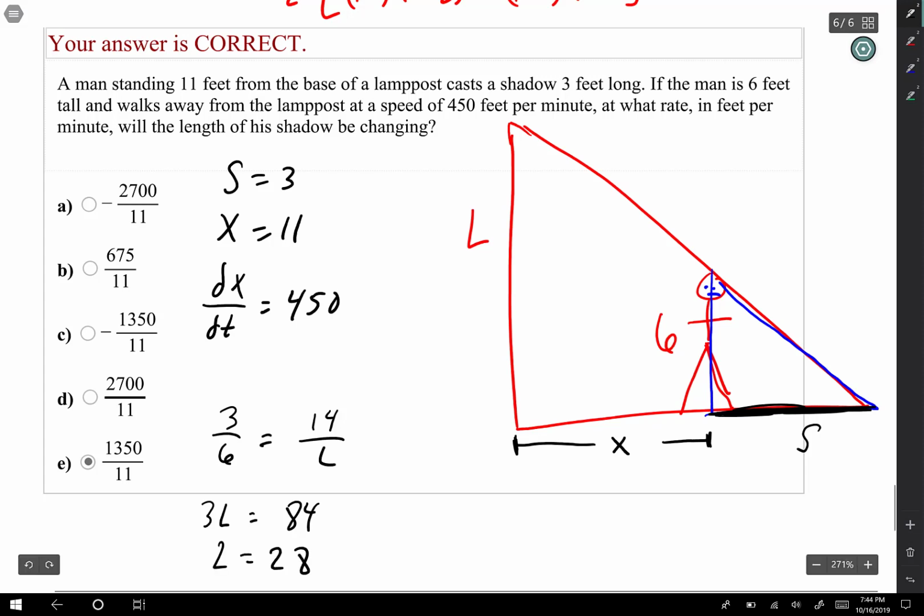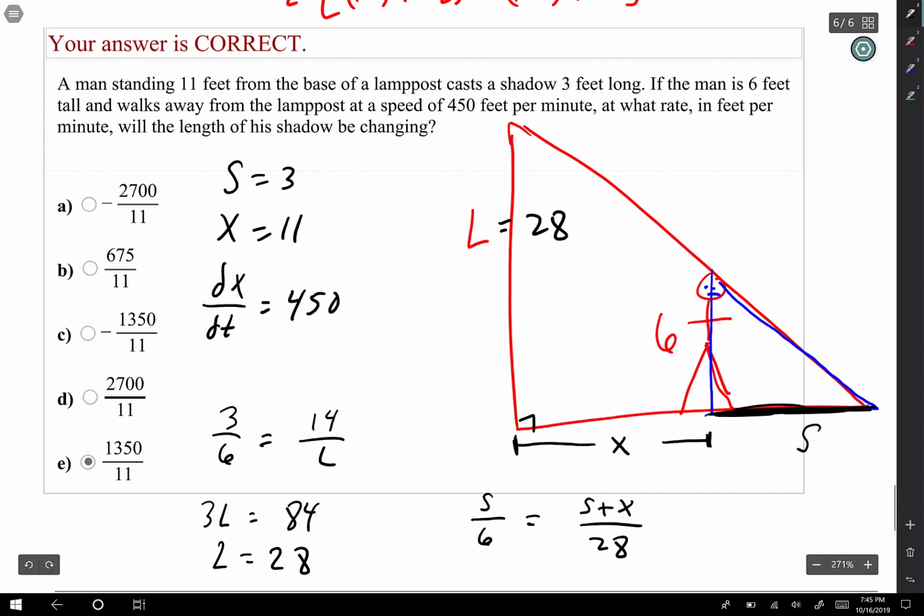Since this is constant, I'm going to put 28 there. Now that we've got that, we can go right into it. S is to 6 as S plus X is to 28.